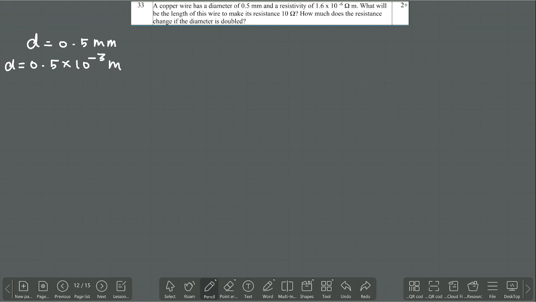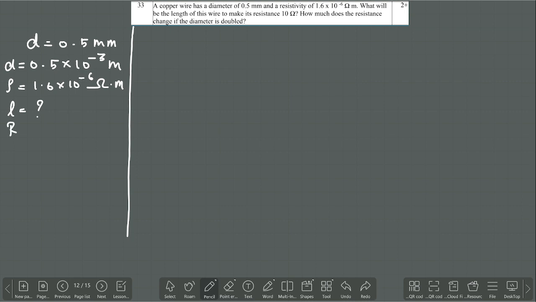So we converted the diameter into SI form. As well, let us write the resistivity also. Rho is equal to, what is the value of resistivity? 1.6 into 10 to the power of minus 6 ohm meter. So the value of resistivity also is given. And what will be the length of this wire? That means the length you are going to find to make it resistant.